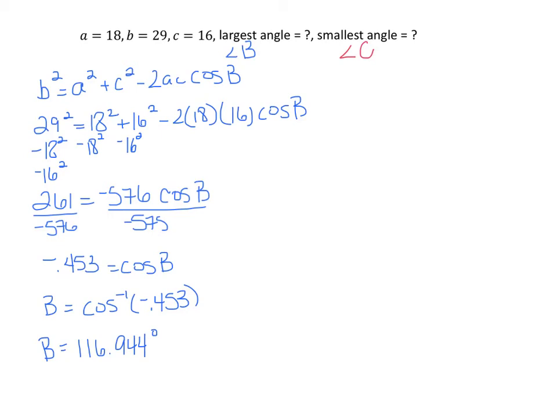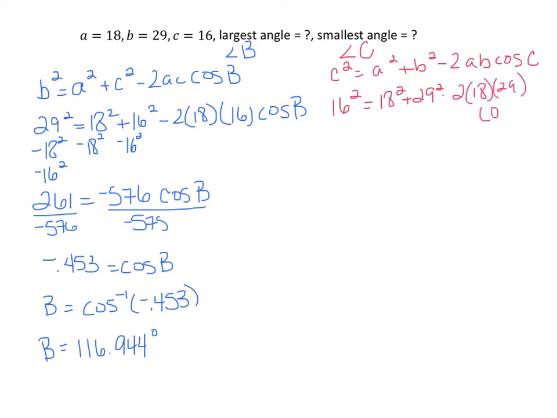To find the smallest angle, I will repeat this process, but this time I need the law of cosines that has angle C in it. So it will be c squared is equal to a squared plus b squared minus 2ab cosine of c. So that gives us 16 squared is equal to 18 squared plus 29 squared minus 2 times 18 times 29 times the cosine of c.